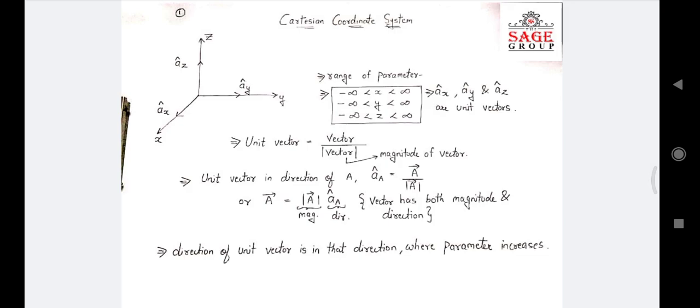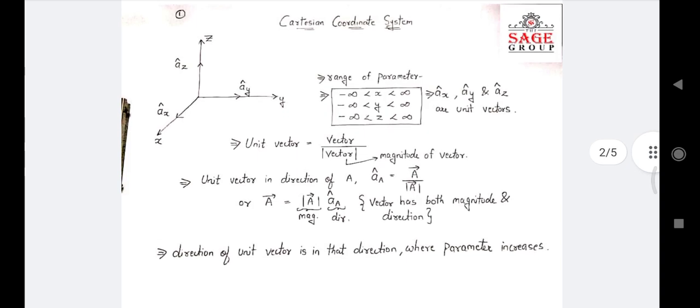Now you don't need to learn the difference between vector and scalar, or what a scalar or a vector is. We have easily concluded from the mathematical expression that a vector is equal to the multiplication of its magnitude and direction. So we can easily say that a vector has both magnitude and direction.